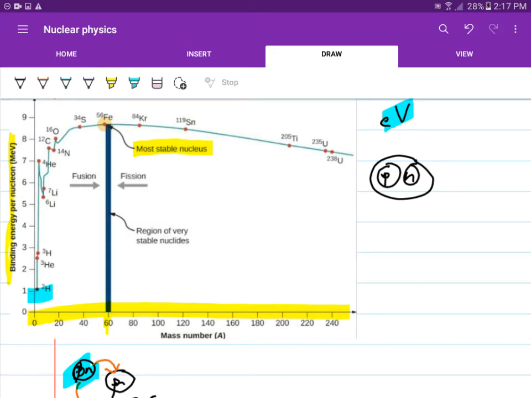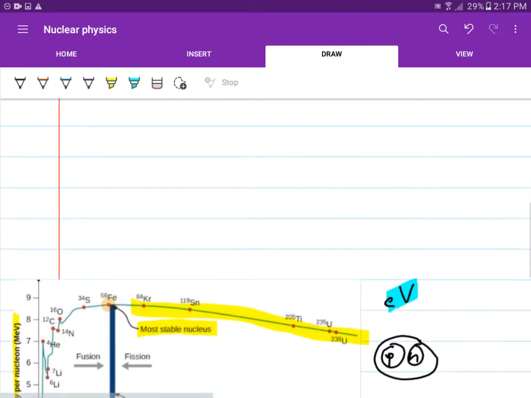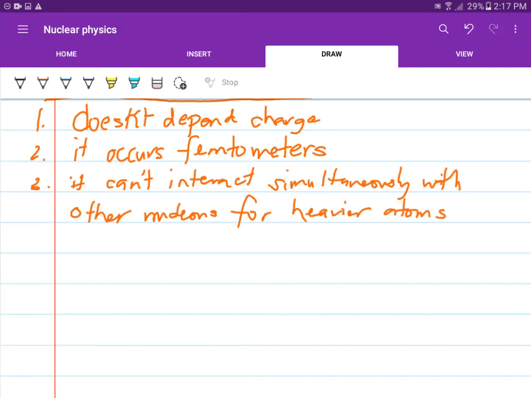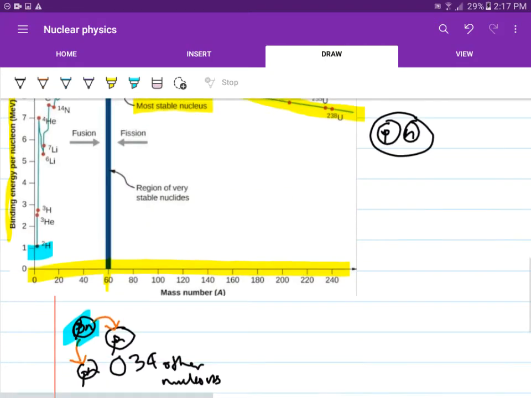So let's first understand why the binding energy drops as you go further higher up this mass number. Back to our third point, it cannot interact simultaneously with other nucleons for heavier atoms.